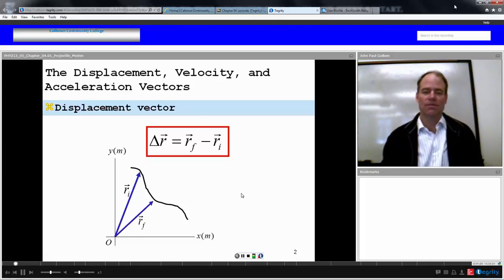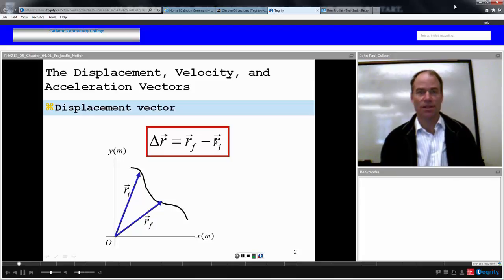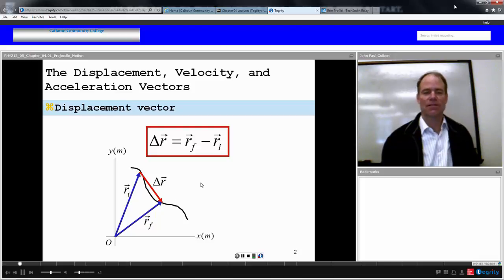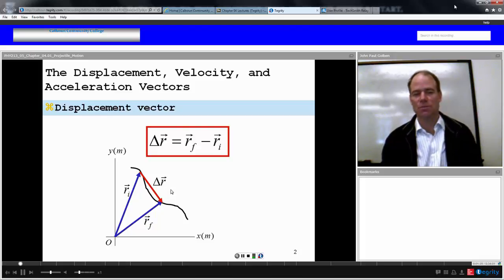And I can think of a final position, r sub f, as a vector extending from the origin to that point, so that my displacement is my change in position, my final position minus my initial position in a vector sense. And my displacement in this case is a vector that connects these 2 points.